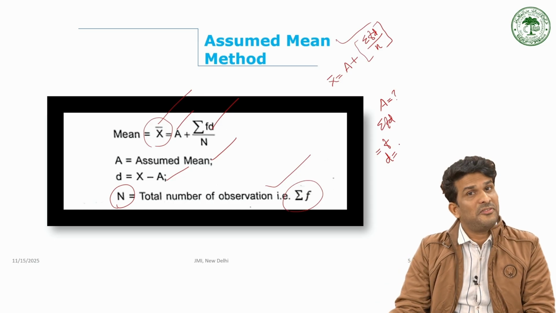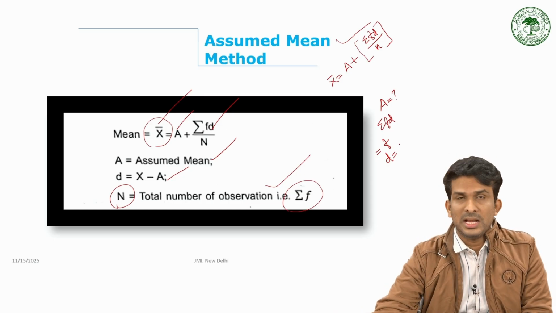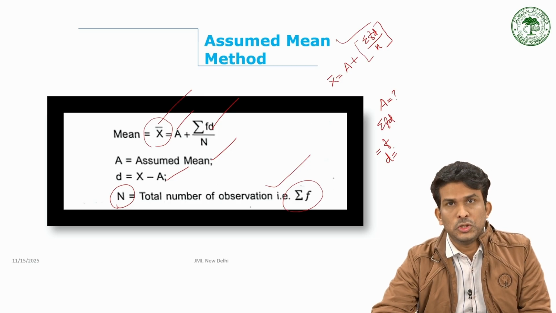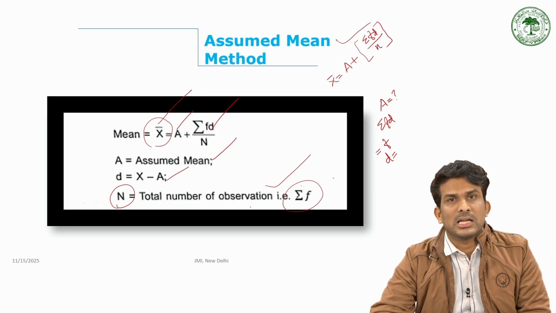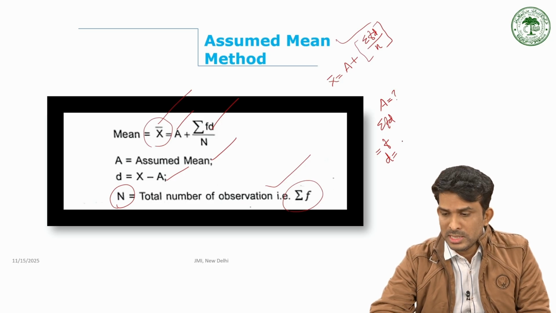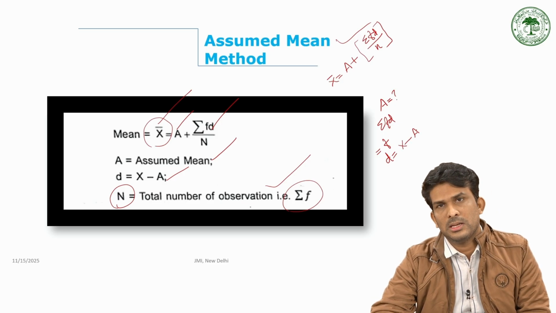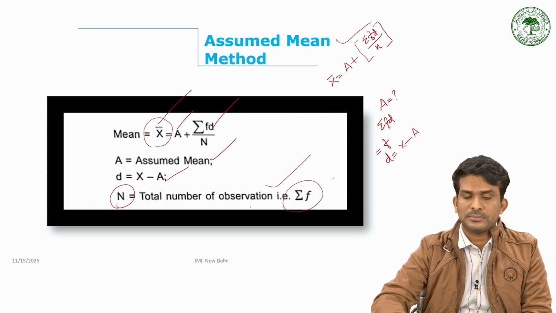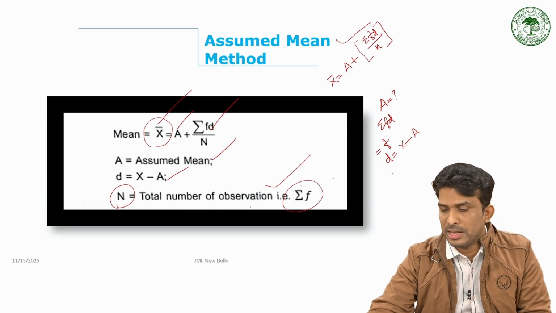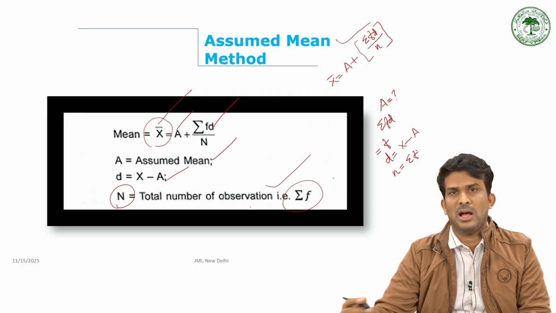What is d? D is the difference between the assumed mean and the corresponding midpoint, that is midpoint minus assumed mean. Got it? That is what we have mentioned here, and again we have n. N is the total of frequency, that is sigma f.